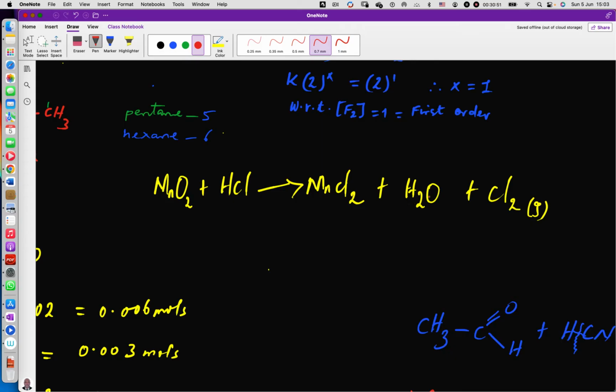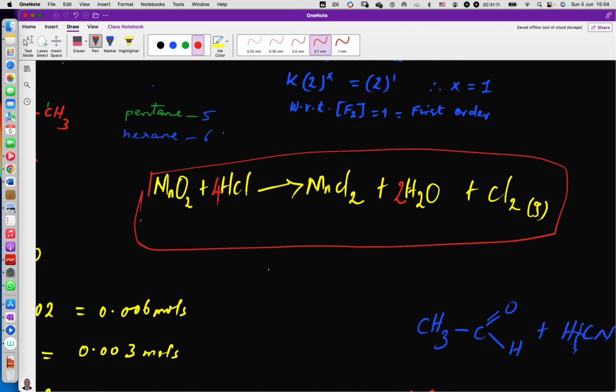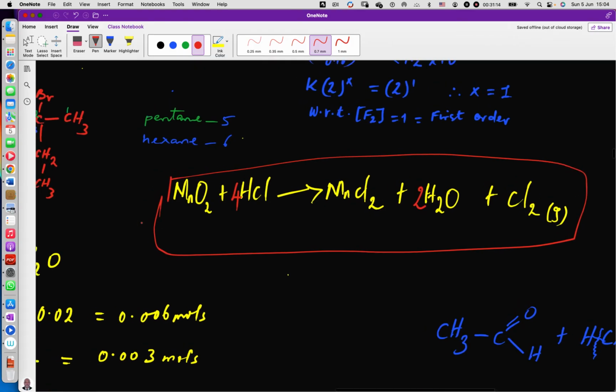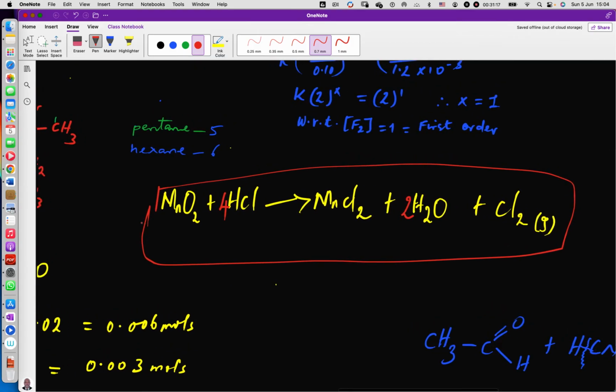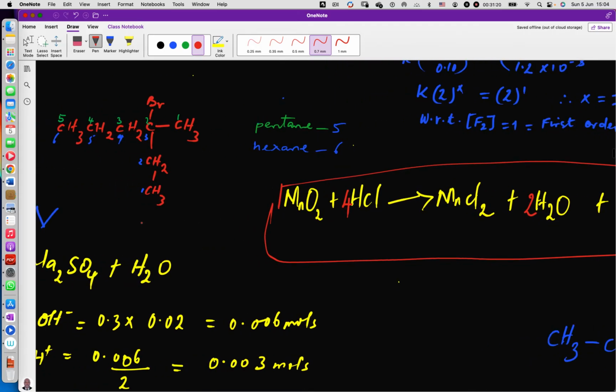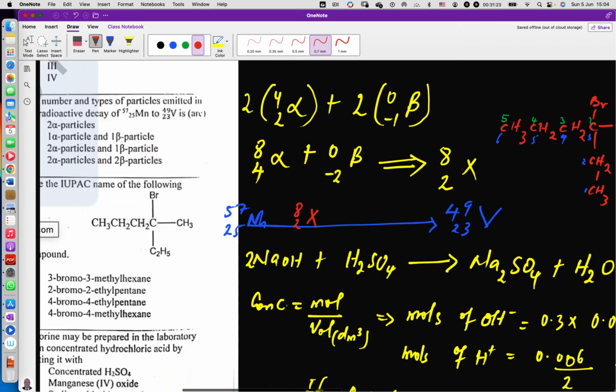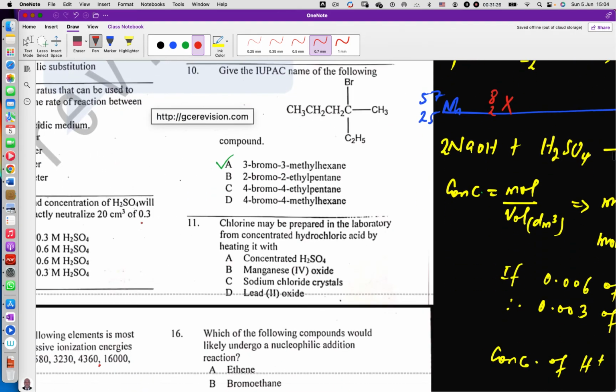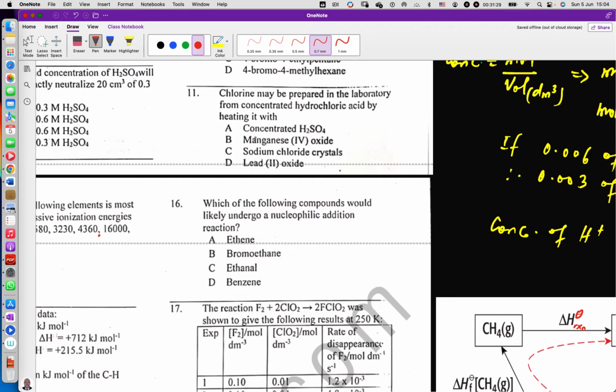We will have 2 here, 2 there, 2 here, and 4 here. That is the equation to produce chlorine in the laboratory, by the action of concentrated hydrochloric acid on manganese 4 oxide. So our answer for number 11 will be B.